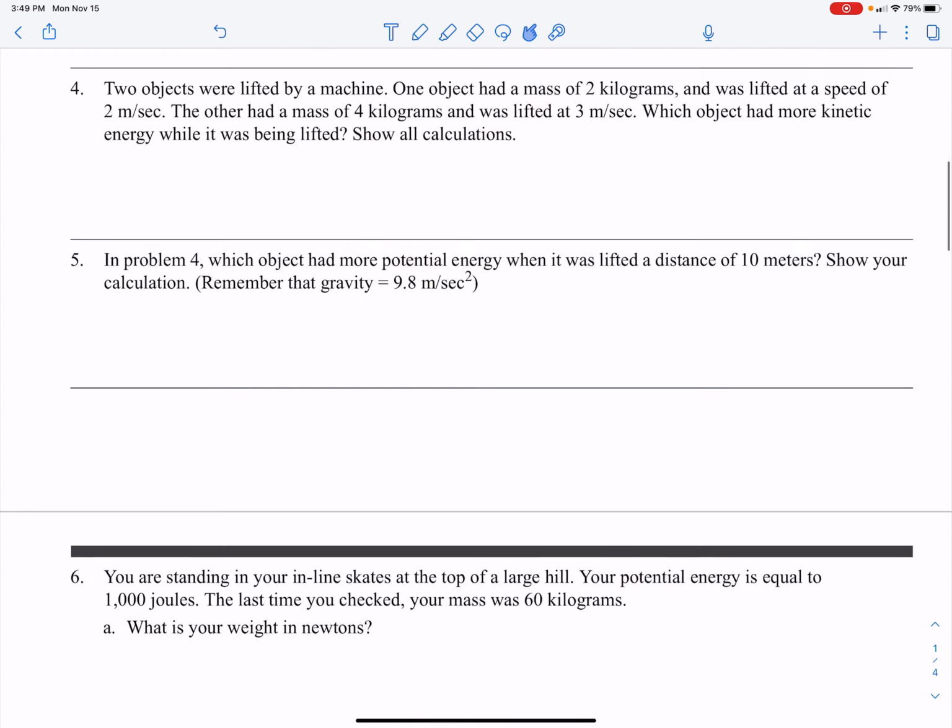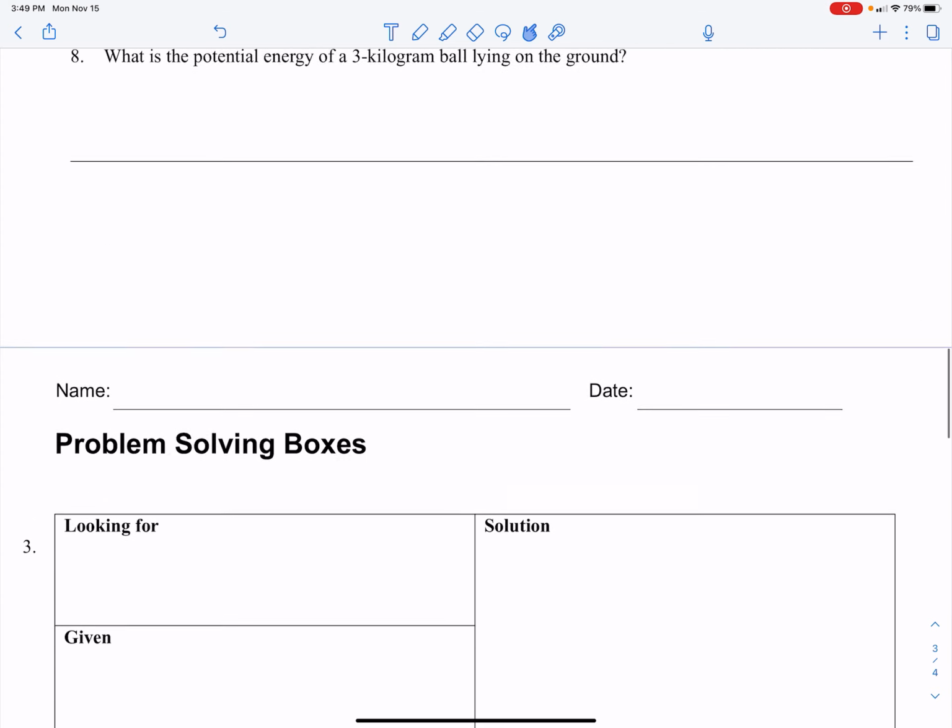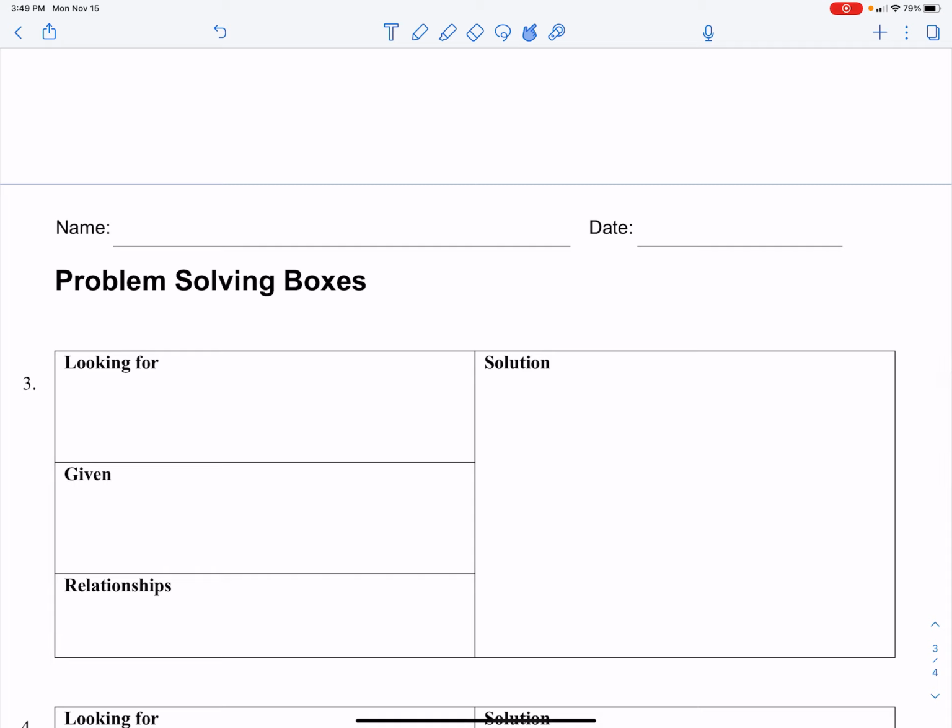Let's scroll down to box number 3. Okay, we're looking for potential energy. We're given the weight of the book as 5 newtons.